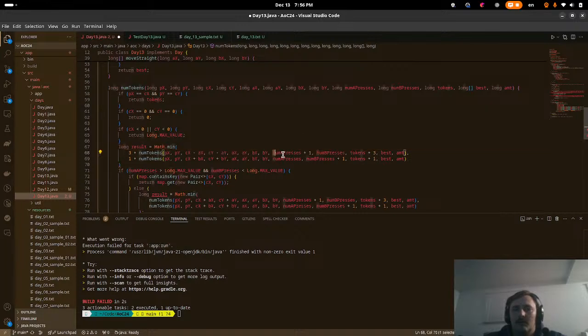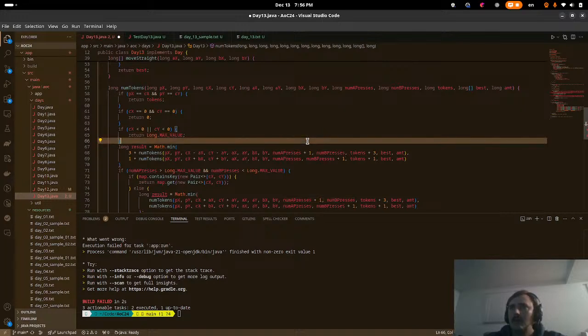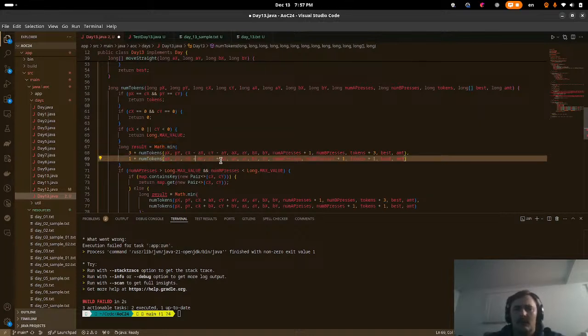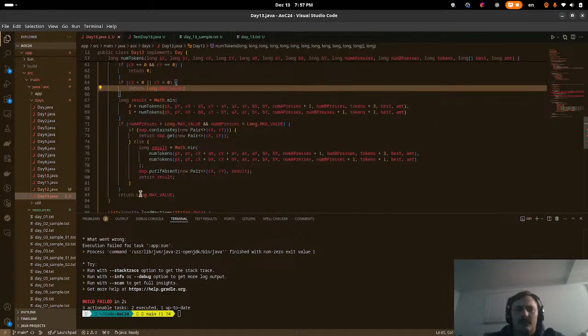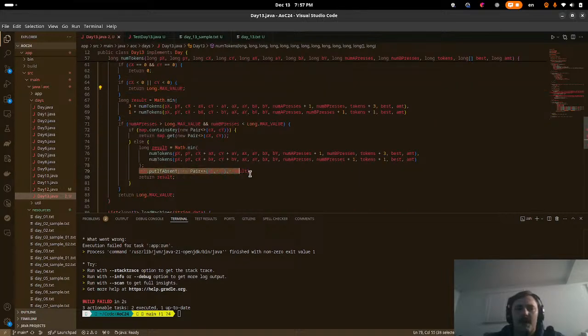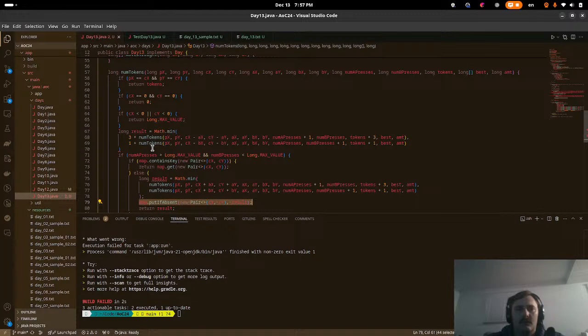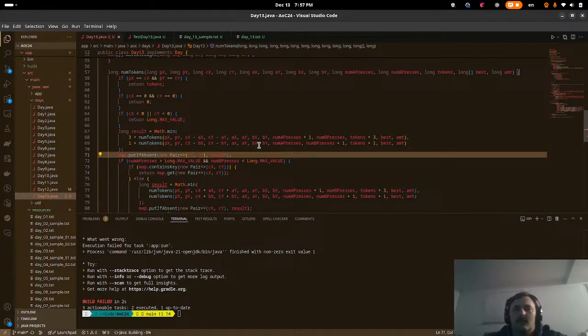So now you don't use num presses. And then same thing here. Interesting. And then you map the result. And then you return that result.